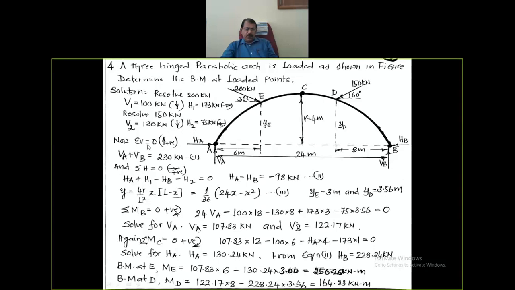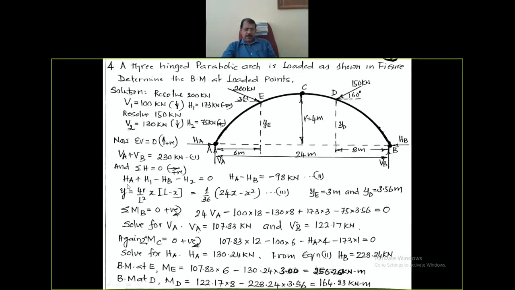Now again, use equations of equilibrium for vertical components: sigma V is equal to 0, treating the forces acting vertically upward as positive. That is, VA plus VB is equal to 230 kilonewton. Call that equation number 1. Use the equation of equilibrium for horizontal components, sigma H is equal to 0, treating the forces acting from left to right as positive.